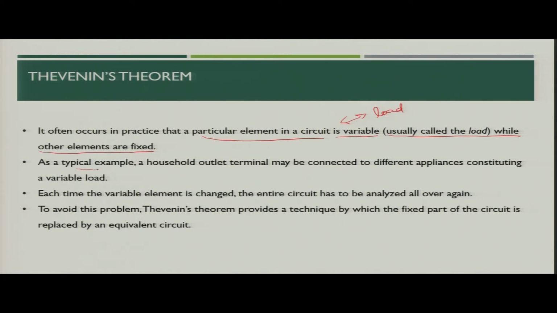You can take the typical example of a household outlet terminal that may be connected to different appliances. When you plug in your appliance in the house, you analyze the voltage and current parameters of that appliance while neglecting the circuit which is outside the particular plug point.